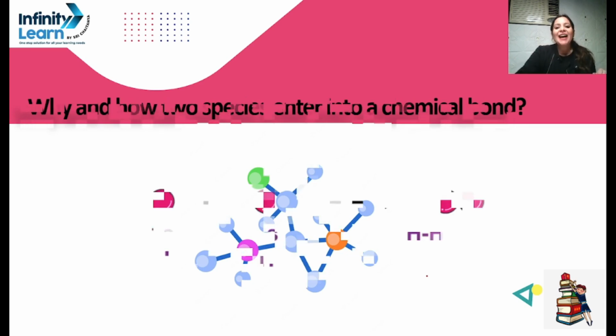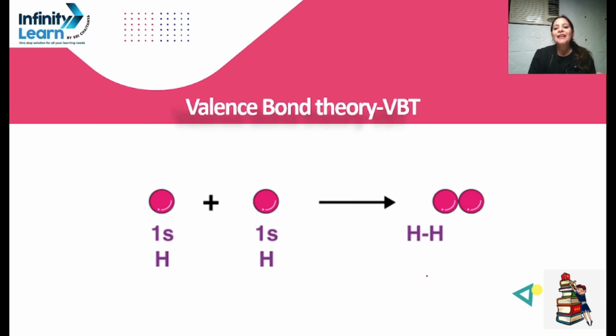So let's start, and it is none other than the valence bond theory, which is commonly called VBT. This theory explains why and how species enter into a chemical bond formation. As you can see on screen, we have two hydrogen atoms, and all atoms have atomic orbitals, right?